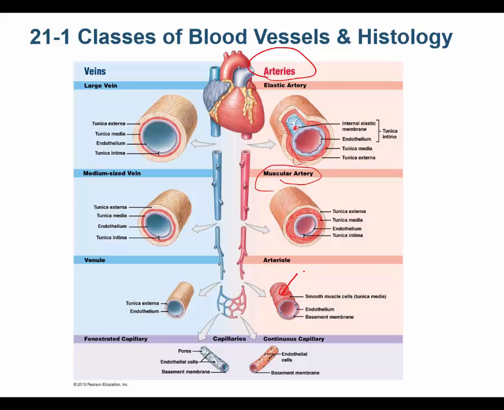And the other reason why this is the major area of resistance is because the overall cross-sectional diameter, that means the diameter across the lumen, of the arterioles far surpasses the cross-sectional diameter of the muscular arteries or the elastic arteries. Now you're going to say, how can that be? The elastic arteries are big and the muscular arteries are bigger than arterioles.